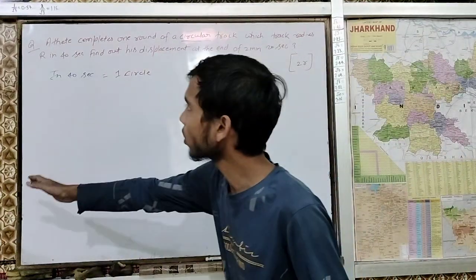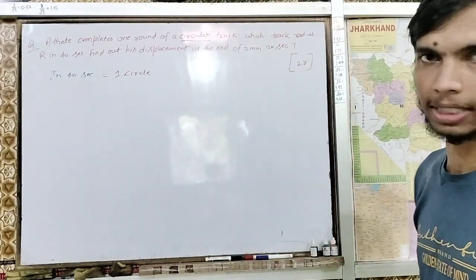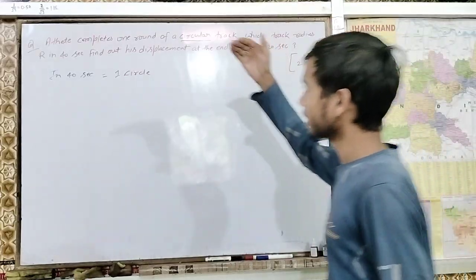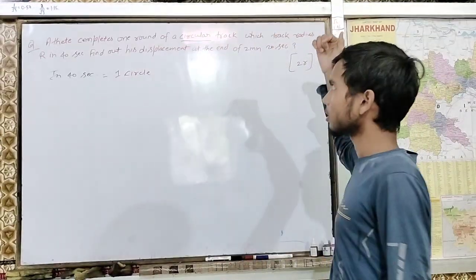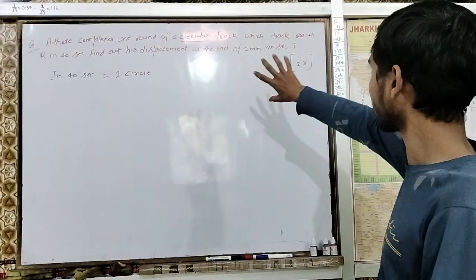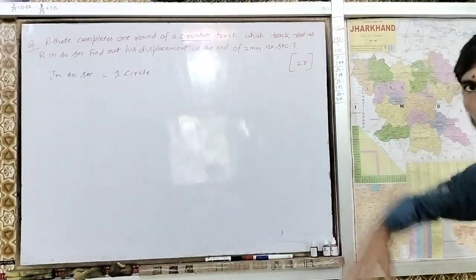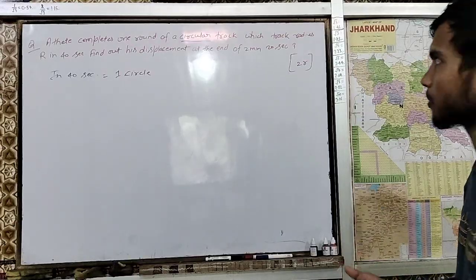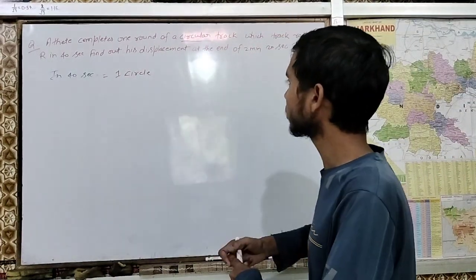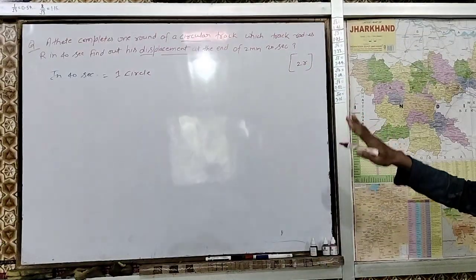Now, in 40 seconds, and this is constant, it is not changing, he completes one circle, and in the next sentence it says to find his displacement, not distance, displacement, at the end of 2 minutes 20 seconds.